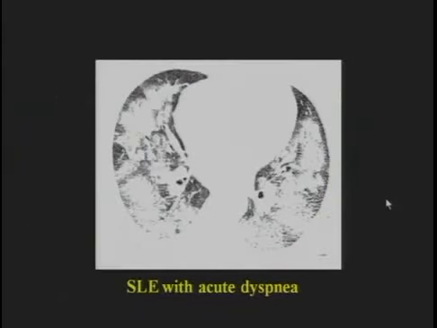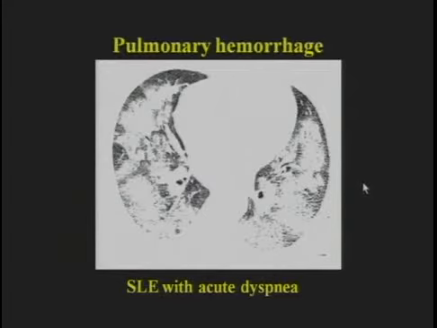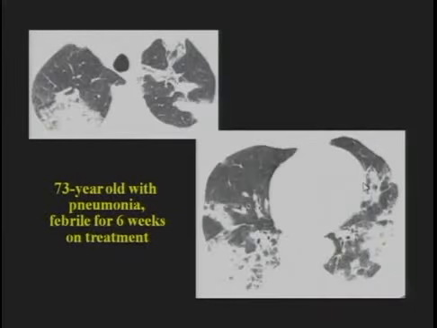Mucinous adeno. So here a patient with lupus, acute dyspnea. The finding is consolidation. Symptoms are acute. Differential diagnosis is pneumonia, edema, hemorrhage, something of that sort. This was pulmonary hemorrhage. 73-year-old with pneumonia and fever for 6 weeks on treatment. So these are chronic symptoms. The finding here is consolidation.